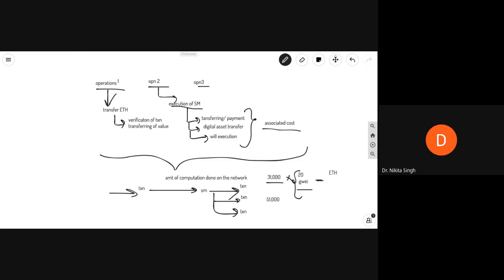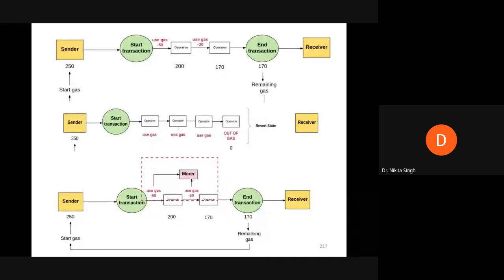So coming back to this slide here. We were talking about if gas is used and your user runs out of gas, your transaction will be set as failed, but your gas will not be returned to you, because some work has already been expended to carry out these operations.